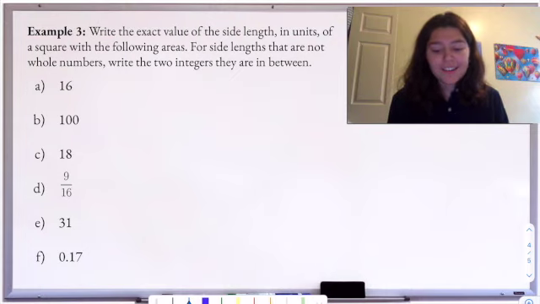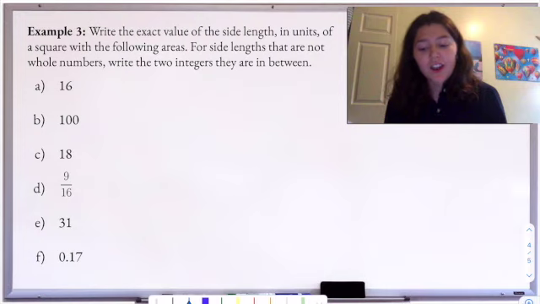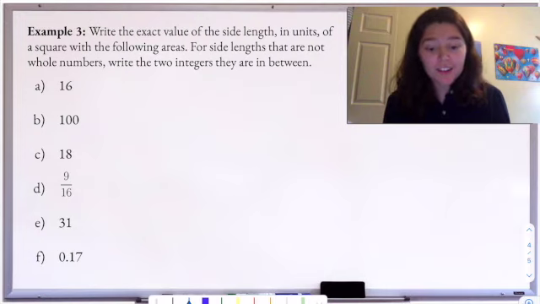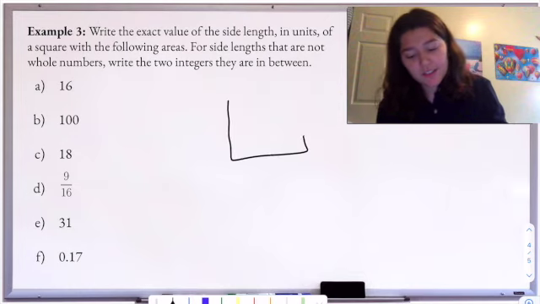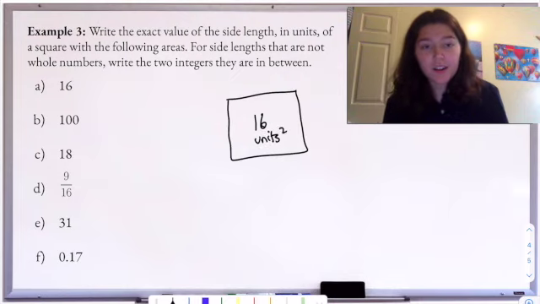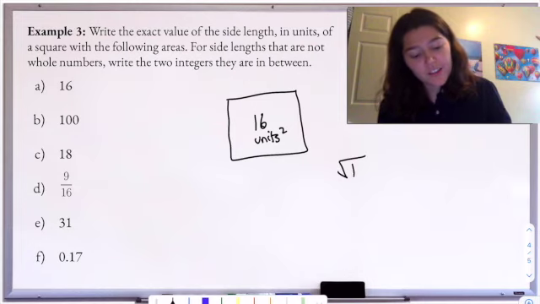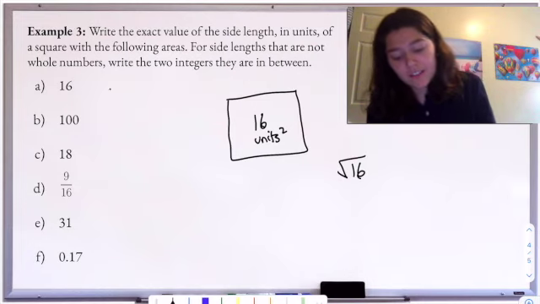Okay, lastly, we're going to write the exact value of the side lengths, in units, of a square with the following areas. For the lengths that are not whole numbers, we find the two integers they are between. So, if we have a square that has an area of 16 units squared, the side length for that square is the square root of 16.